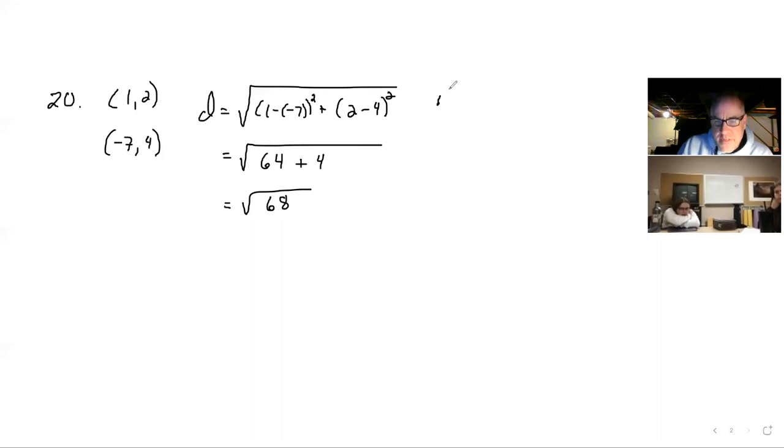But the radius will be the square root of 68 divided by 2, so take half of it. All right, so we've got that. Now the center is going to be the midpoint of the diameter. So we just use the midpoint formula, and that would give me my center.